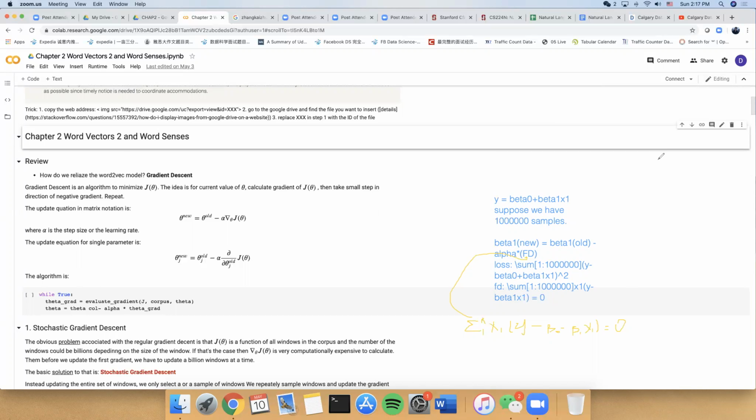So now we have a huge problem with this part. Can anyone think about what kind of problem we have with this first order derivative? There must be some kind of problem with the first order derivative, because we don't have a problem with this or that. So the problem must be in here, so that we abandon this concept and move to stochastic gradient descent.